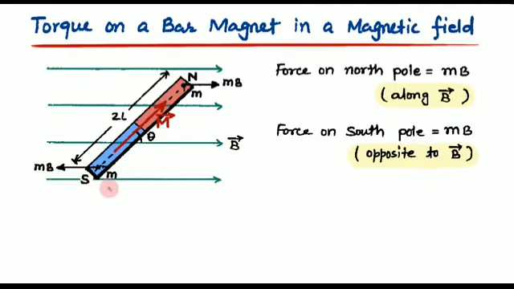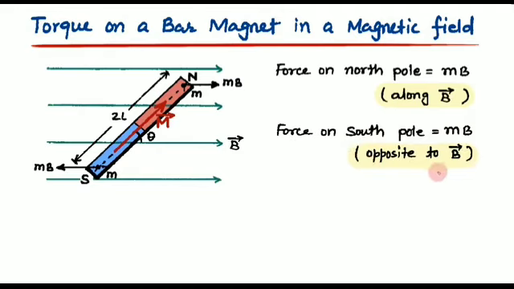So adding both, we get the net force acting on the dipole as F equal to F1 plus F2.